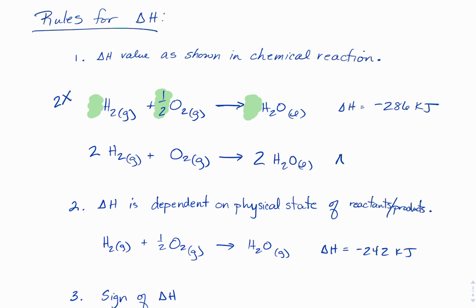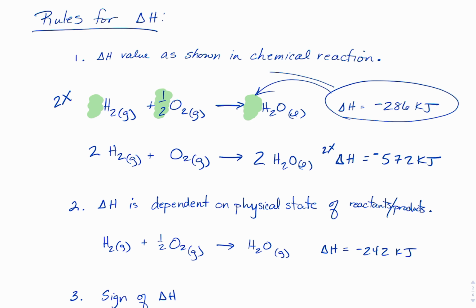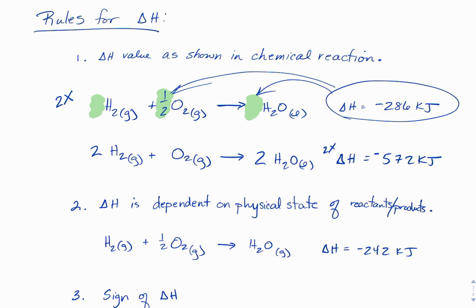Then the delta H must then also be times 2. So that gives us a value of negative 286 times 2, which ends up being negative 572 kilojoules. So these delta H values are associated with the coefficients, and they can change based on how much you change the coefficients.